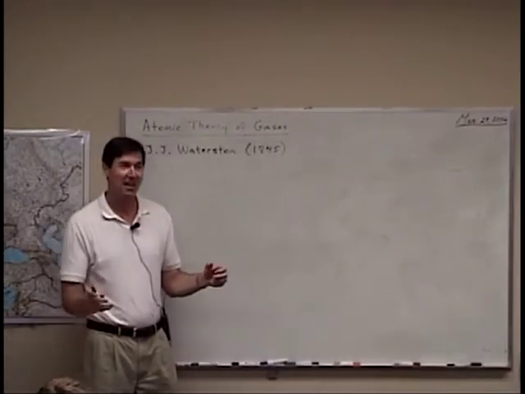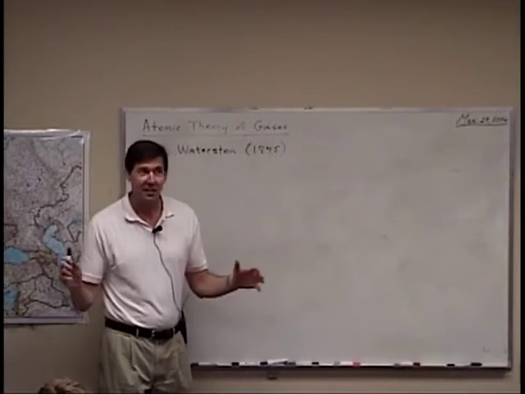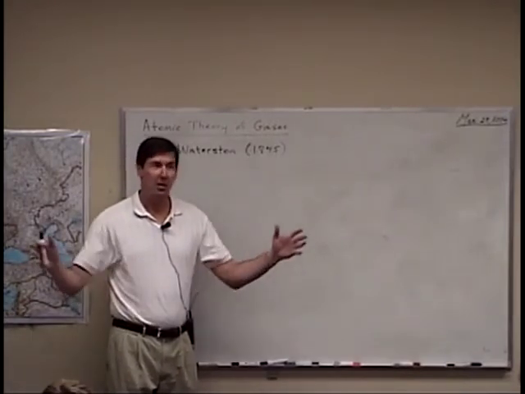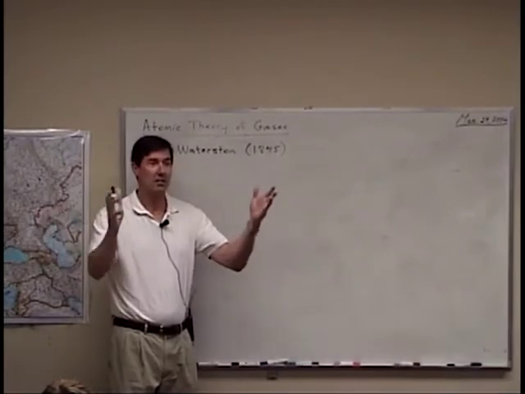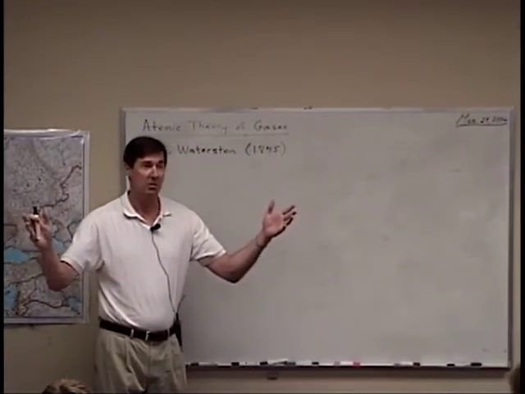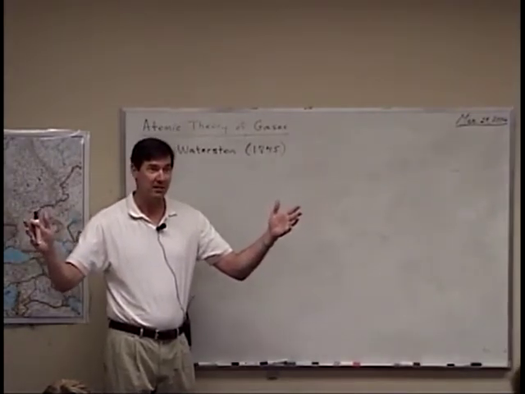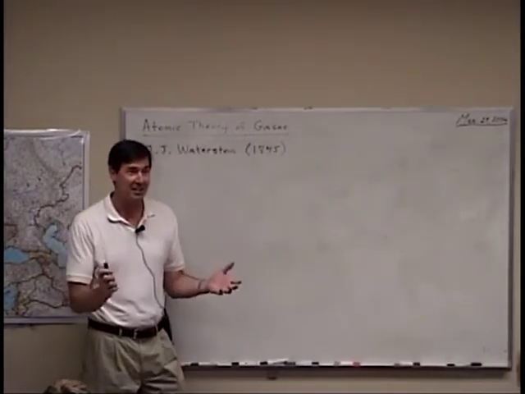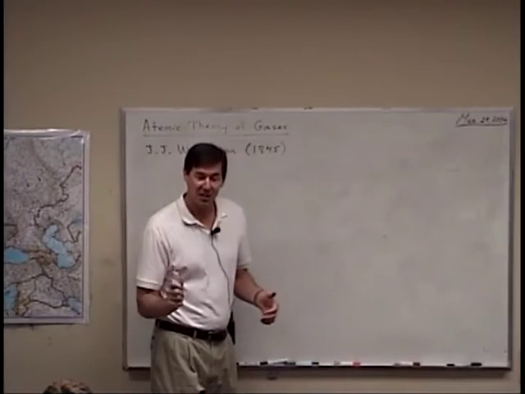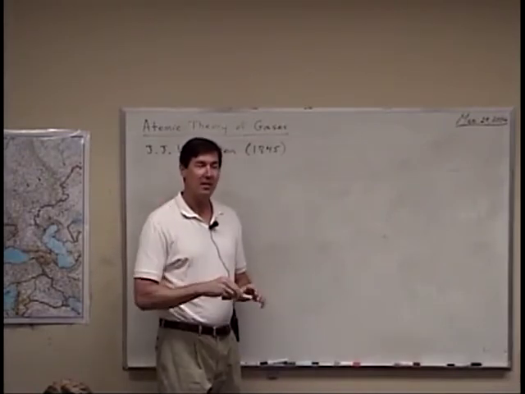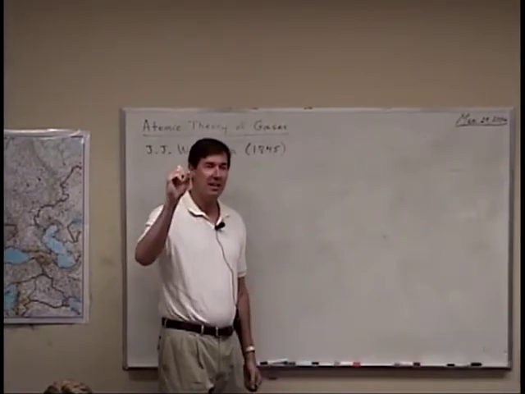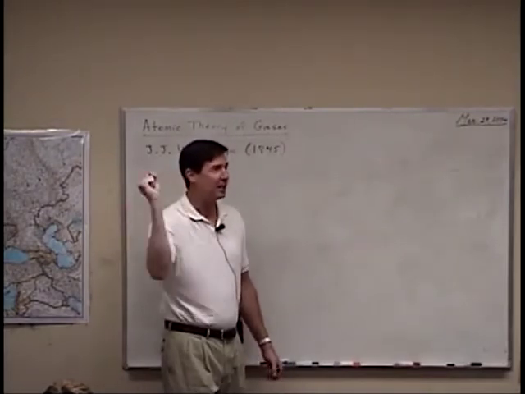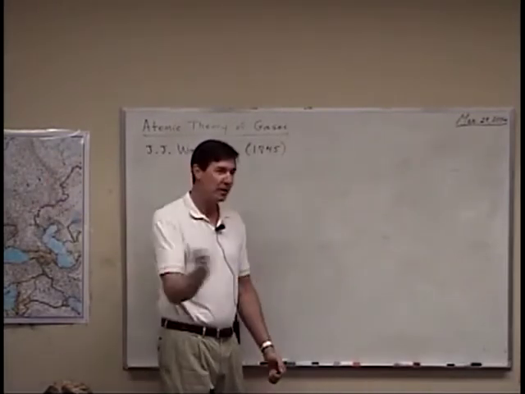Okay, think of it this way. Let's say that we've got a bunch of oxygen and nitrogen molecules in this room right now, right? J.J. Waterston's idea is that you can treat each one of these atoms like a little ball, and it's just careening around the room.